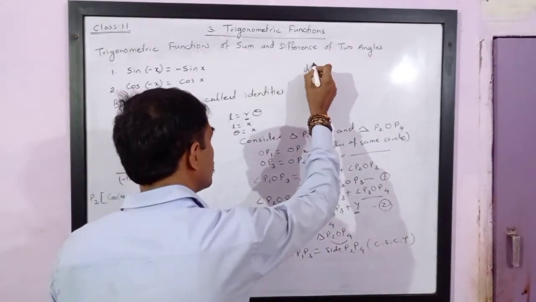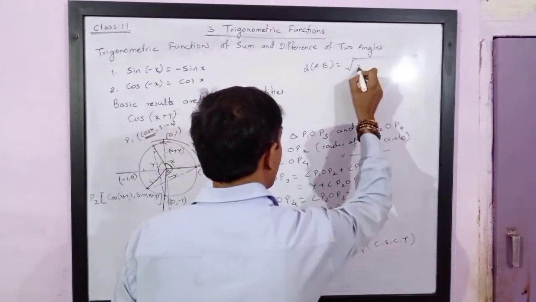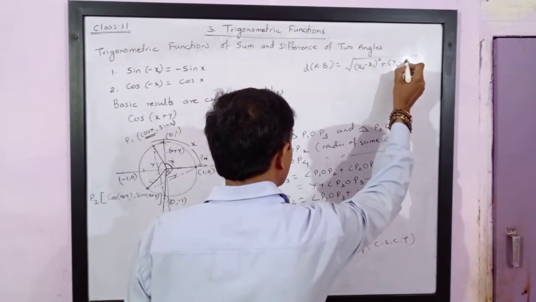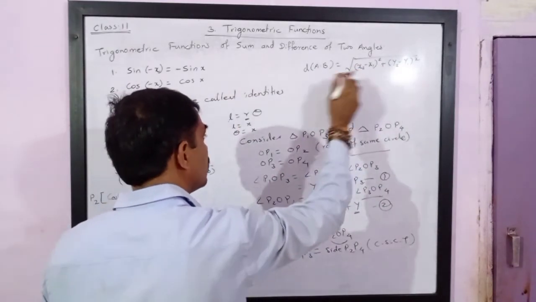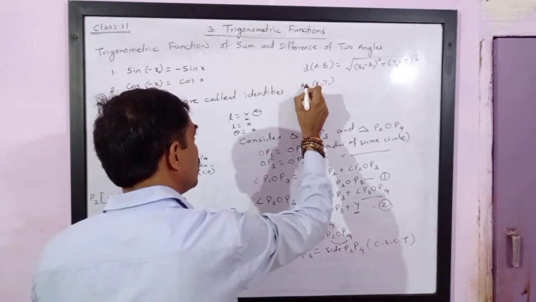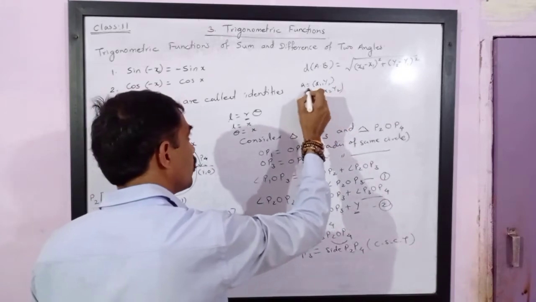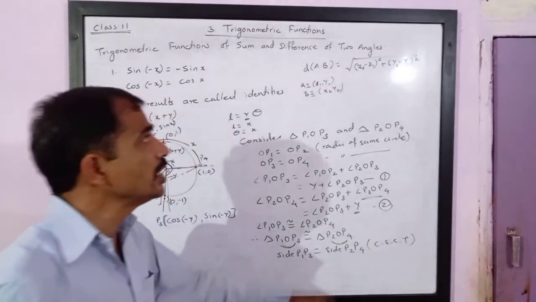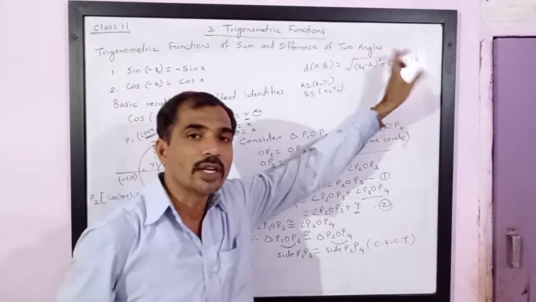Distance between AB is equal to under root x2 minus x1 bracket square plus y2 minus y1 bracket square, where x1, y1 are the coordinates of A and x2, y2 are the coordinates of B. So if they are the coordinates of A and B, then we can find the distance between the two points by using the distance formula. x2 minus x1 bracket square plus y2 minus y1 bracket square. This all comes under the root.